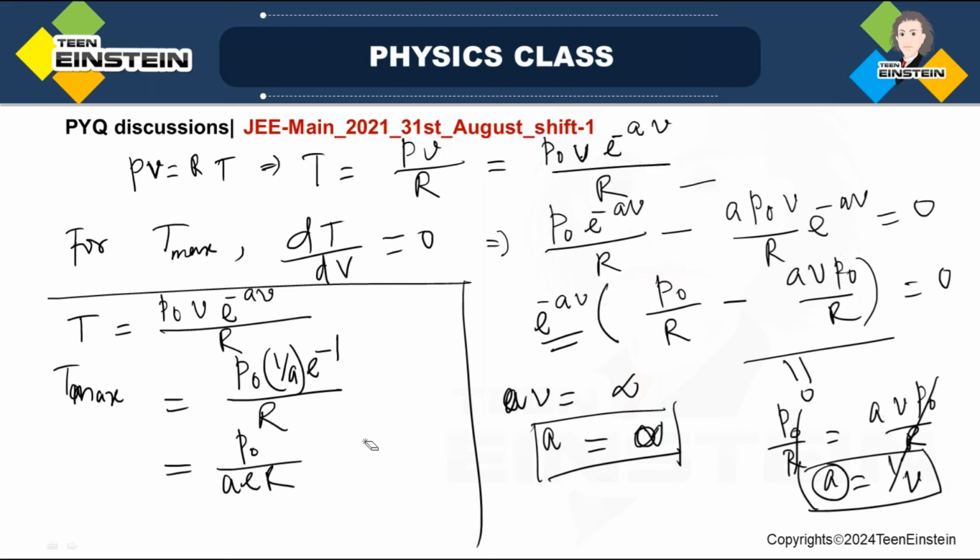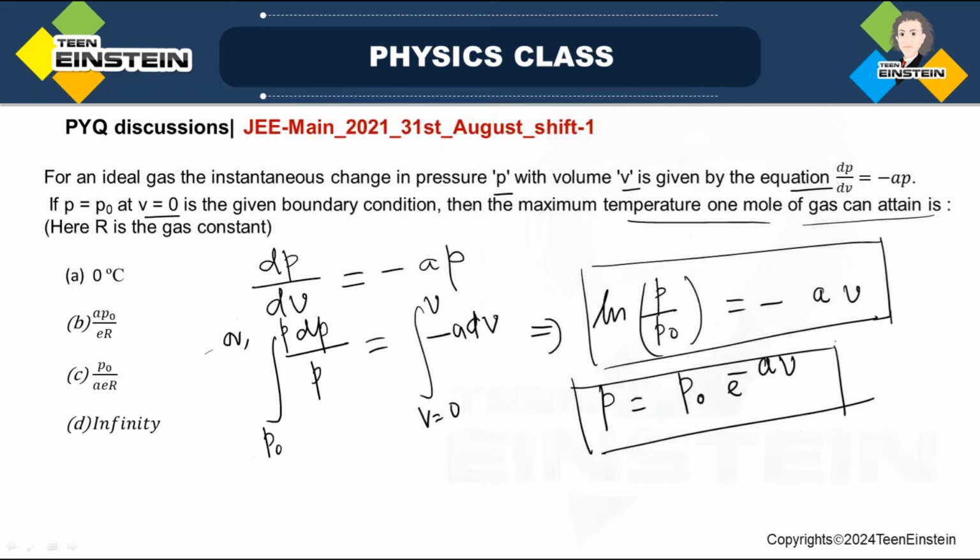T max is P0 by A e R. So this is actually the answer. Option C will be the correct answer for this question.